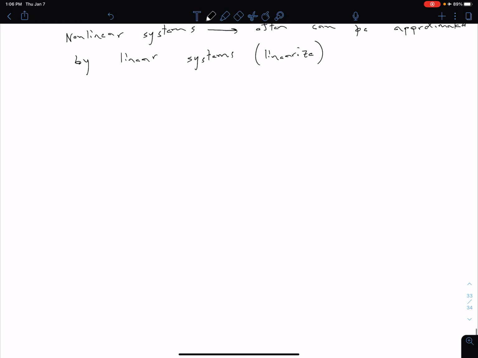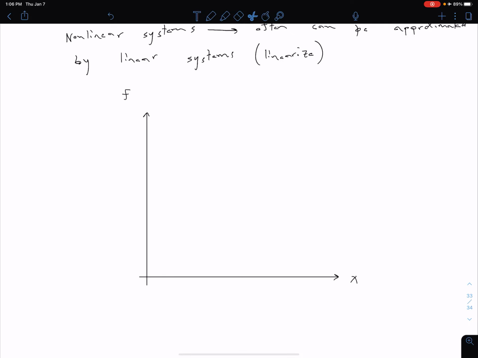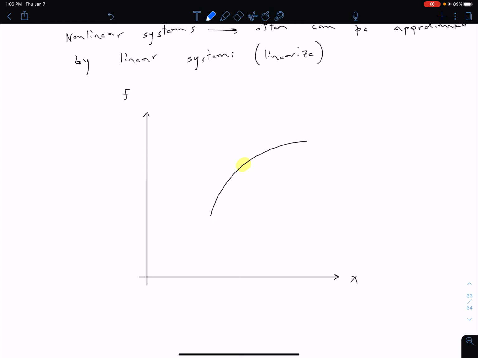To look at that graphically to get a better idea, let's consider some function f, which is a function of x, and let's say it's nonlinear, so we have some curve that looks like this. But maybe we're only interested in some small area here, so we can linearize that and represent it by some line that looks like this.